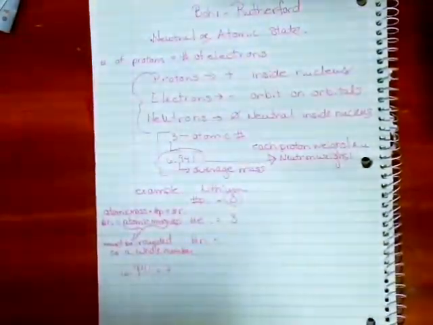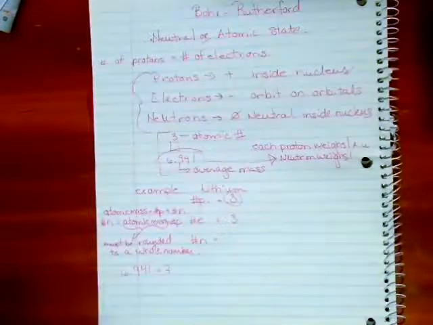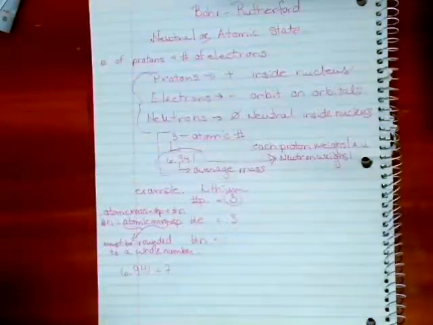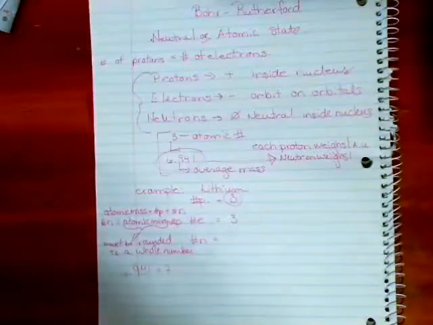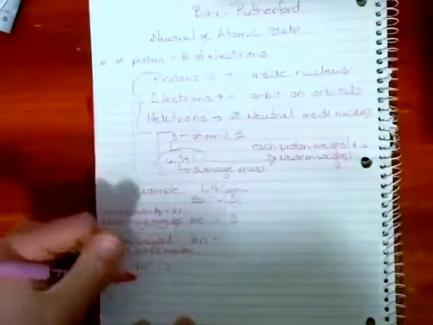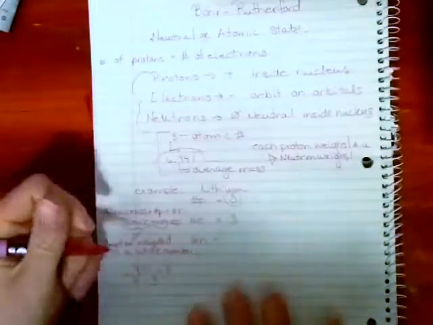Okay? So now I'm going to do my simple math to figure out how many neutrons there are in lithium. So I'm going to take 7, excuse me, and subtract 3 from it, okay?